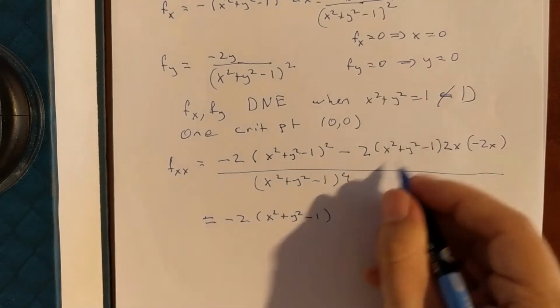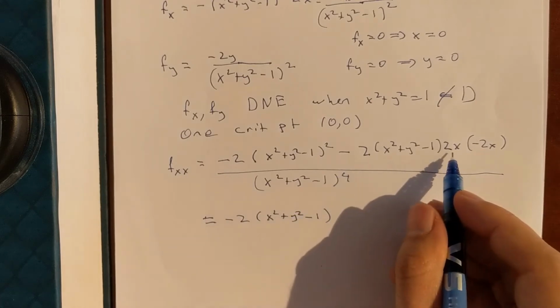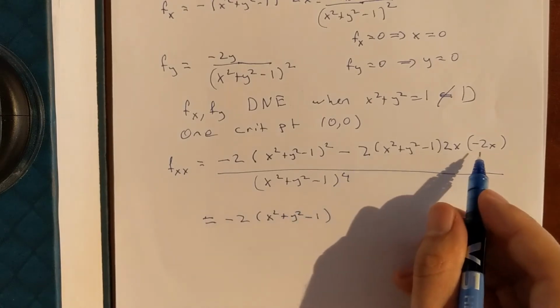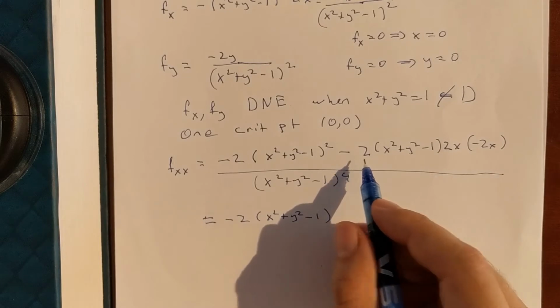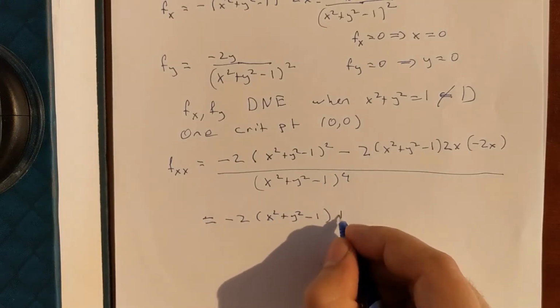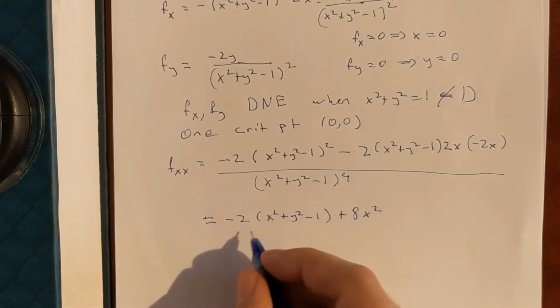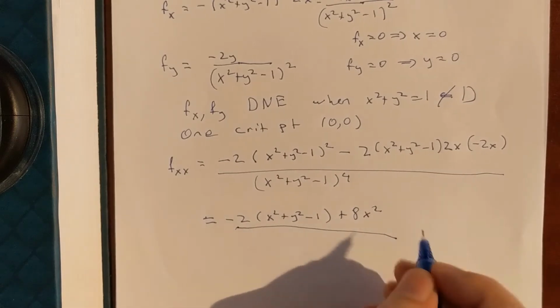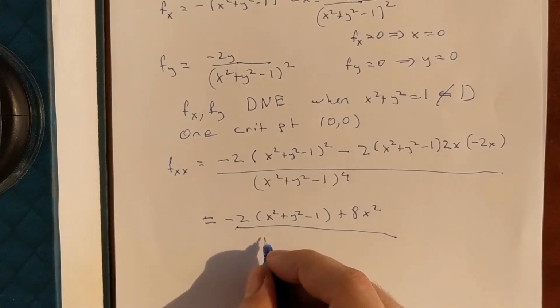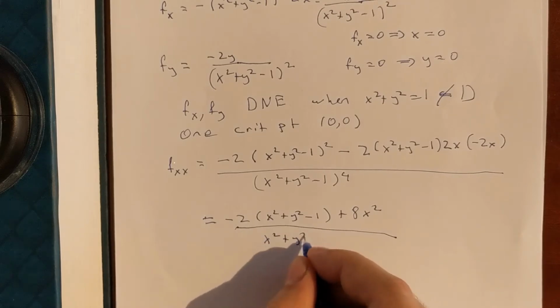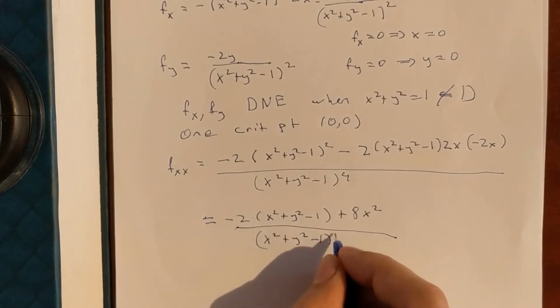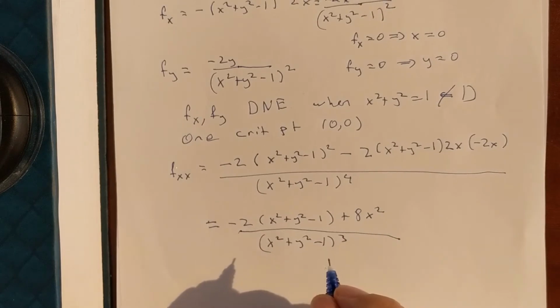Instead of the square I would have just one power, and I'm going to have plus 4x plus 8x squared, all over x squared plus y squared minus 1. And since we got rid of one of the powers, it's just cubed. So, yeah, that's that.